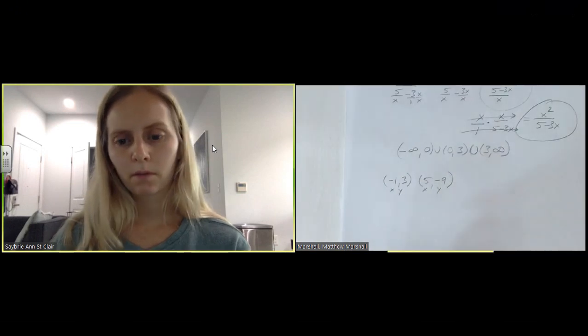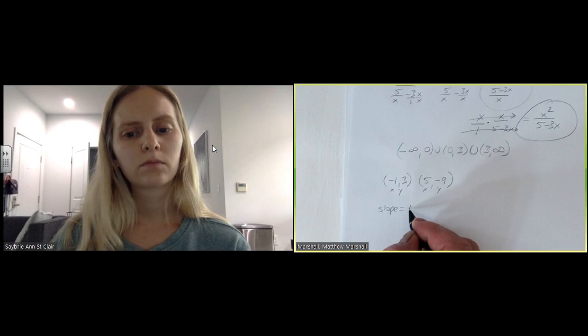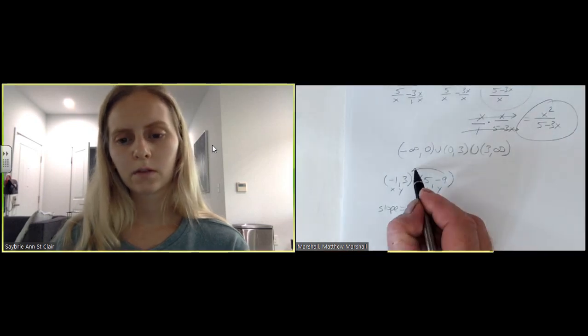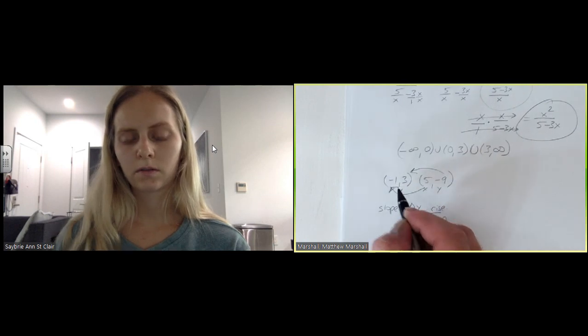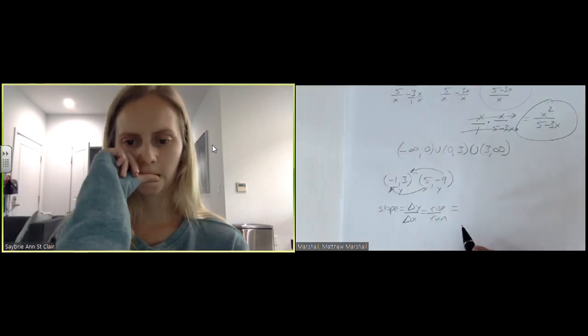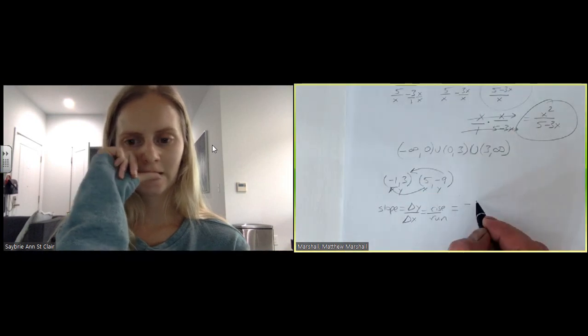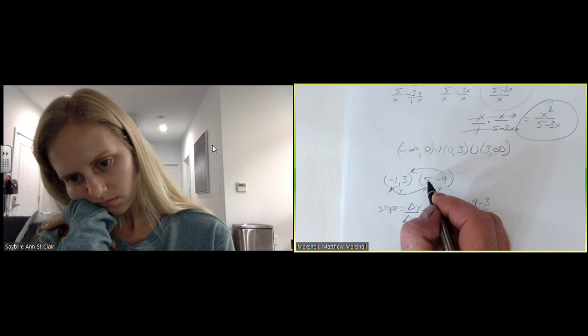Rate of change is slope, which is your change in your y numbers divided by your change in your x numbers, or rise over run that you got to memorize at some point. So I'm going to find the difference of my y's and divide it by the difference of my x's. So I'm going to go right to left, keep that pattern, -9 minus 3. On the bottom, keep that pattern right to left.